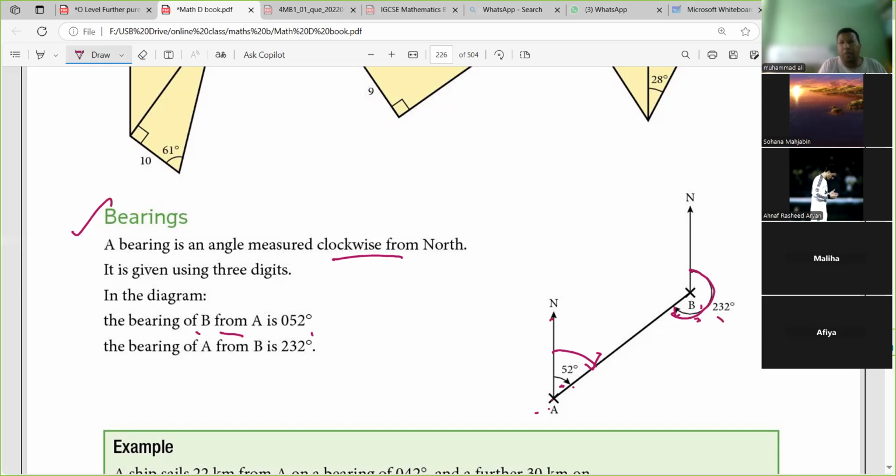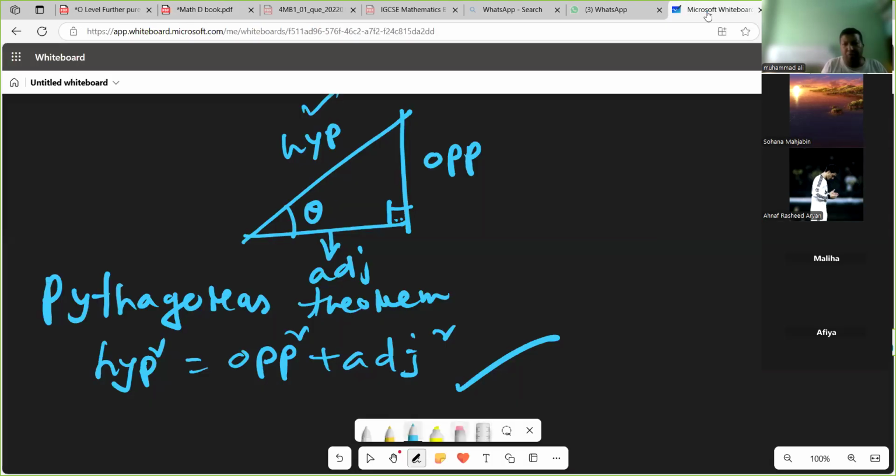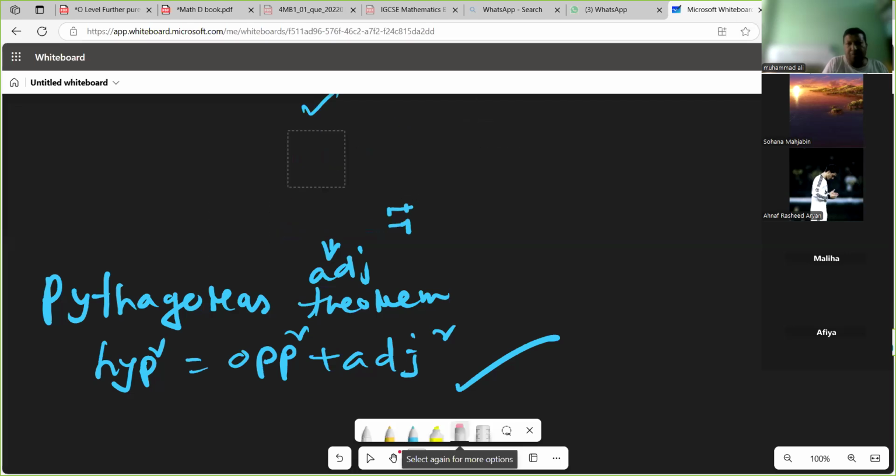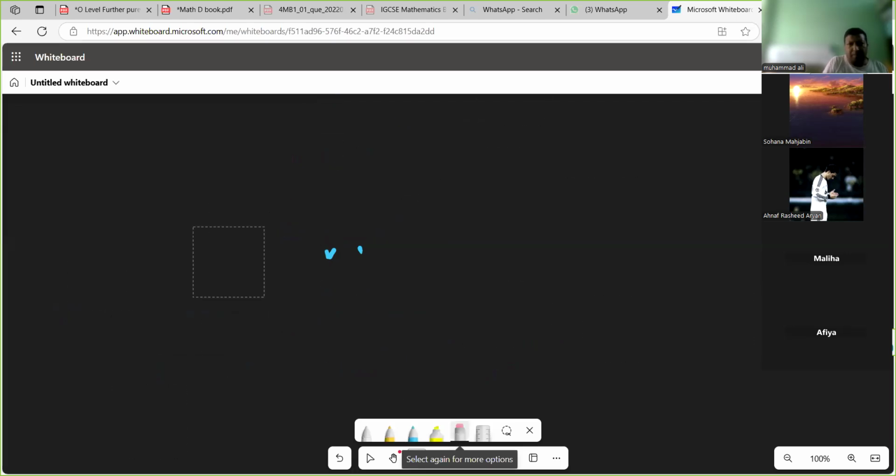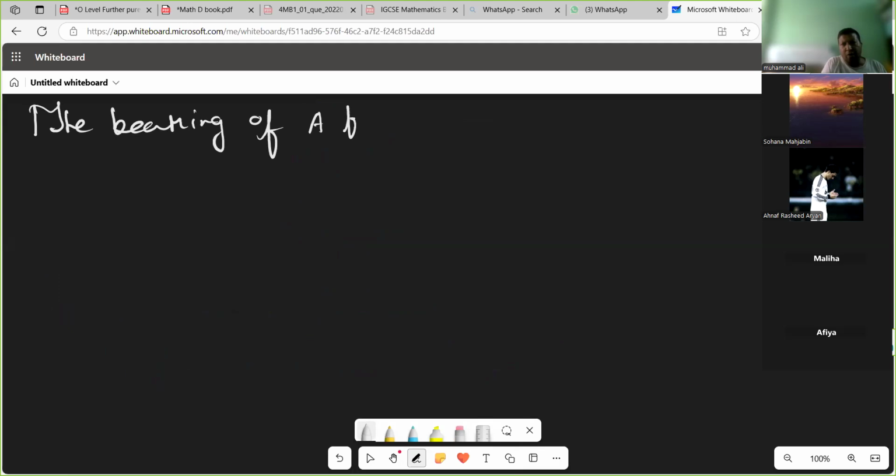One example I want to show you for bearing, you have to remember these things. Say the question says the bearing of A from B is 30 degrees.